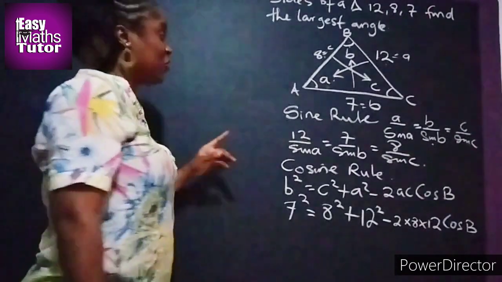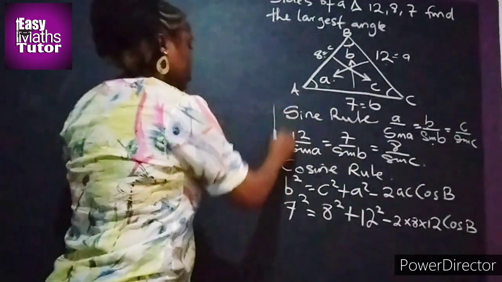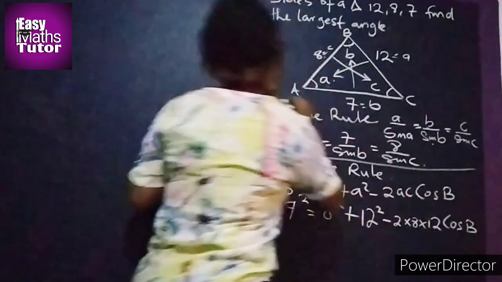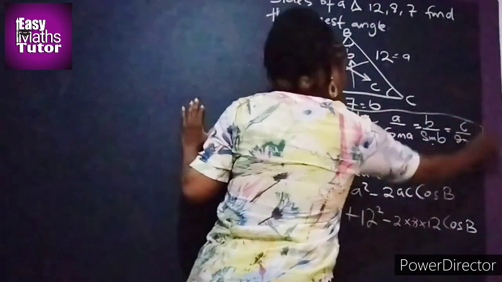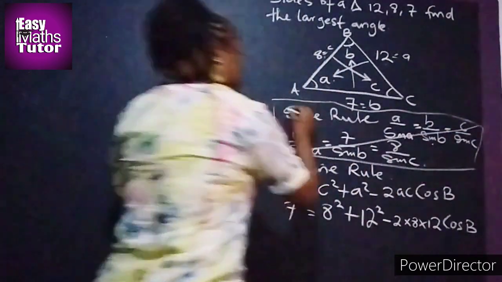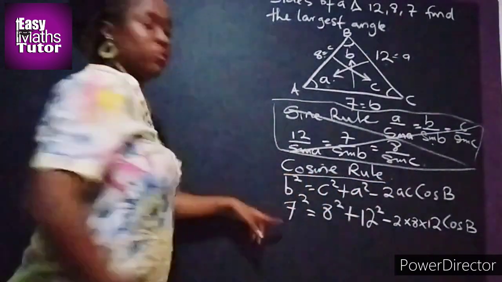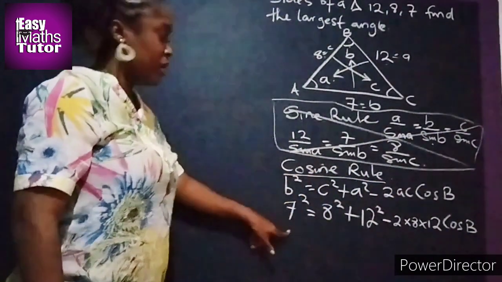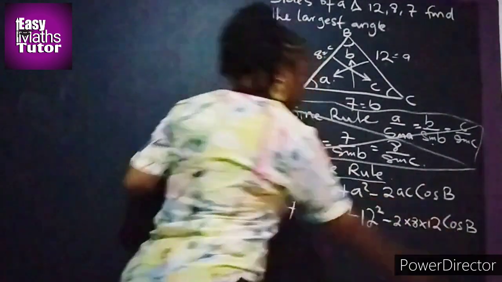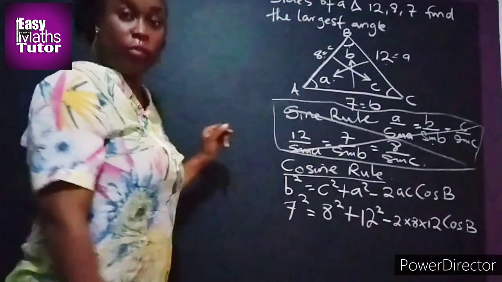From what I'm seeing so far, we may not need the sine rule because our answer is already in this cosine rule formula. So we're going to make cos B the subject of the formula.